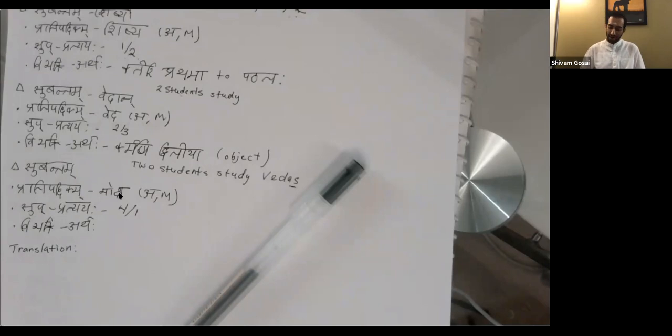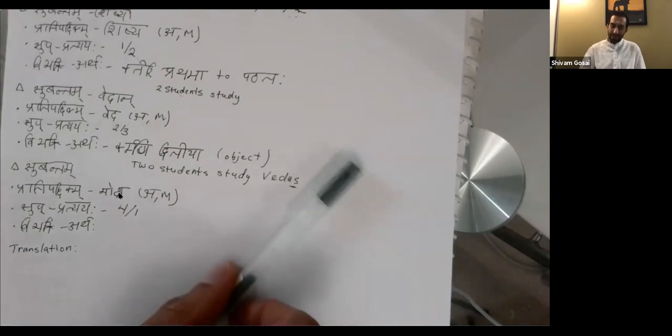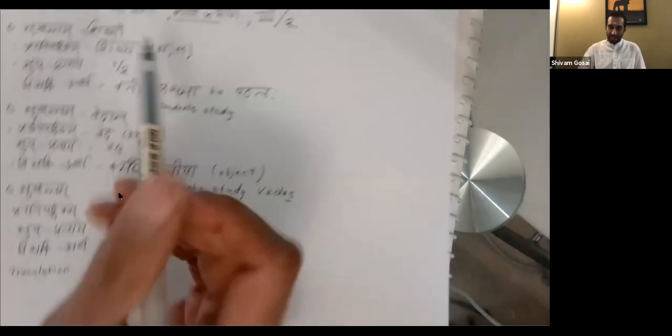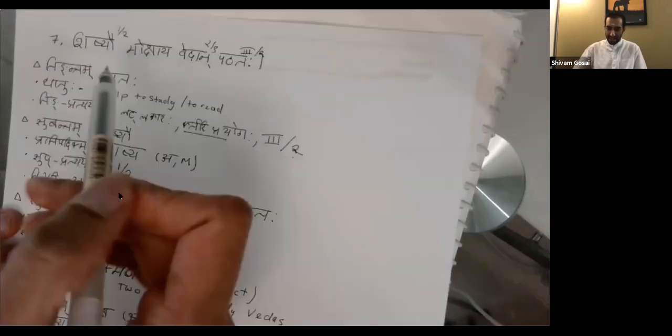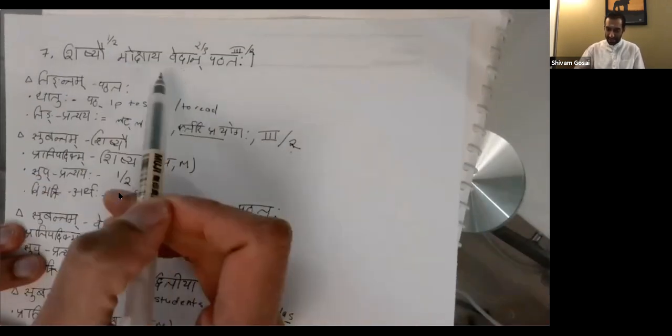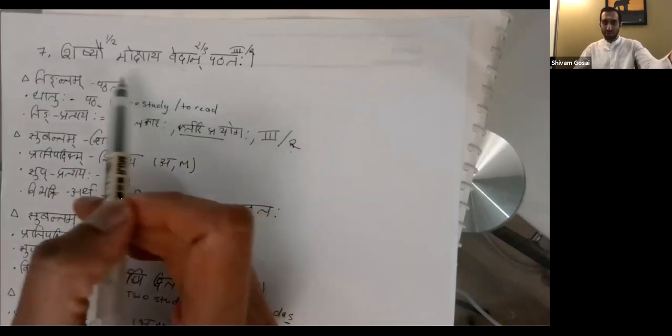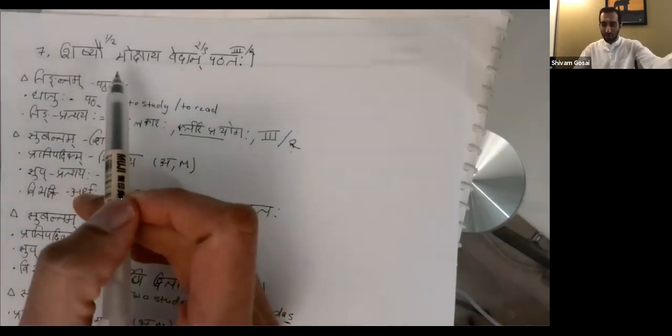Okay, let's do some process of elimination. First thing we learned was Sampradana Chaturthi. So if it was Sampradana, I would translate this as the students study the Vedas. They study the Vedas to moksha or for moksha?